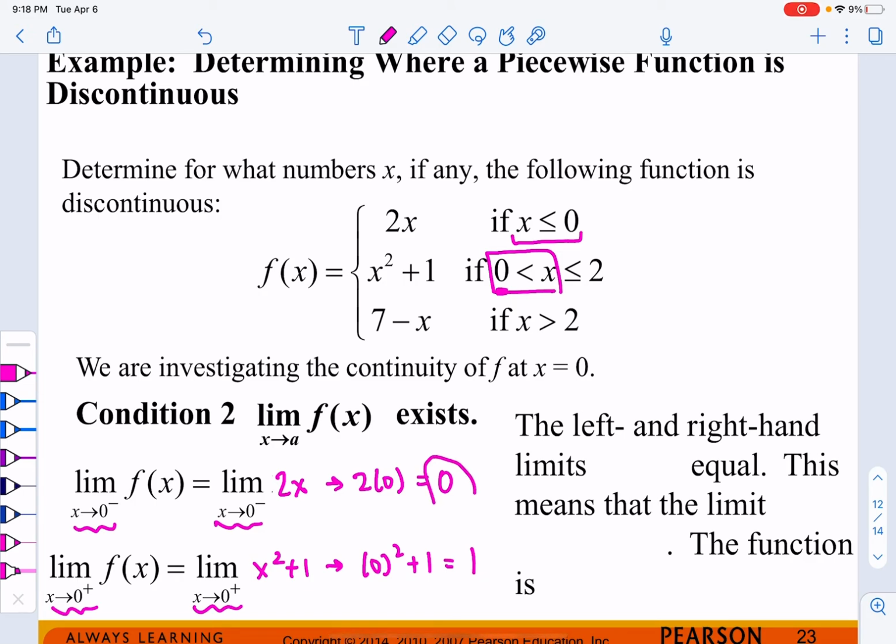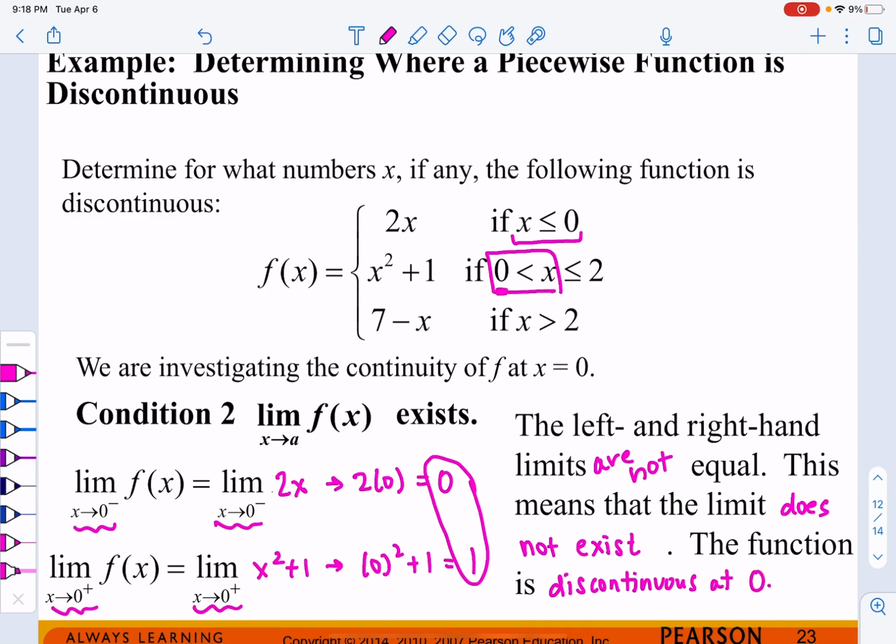Well, now if we take a look at the two values we get, do we get the same number? The left hand and the right hand limits are not equal. What does that mean? It means that the limit does not exist. That means that the function is discontinuous at x equals 0.